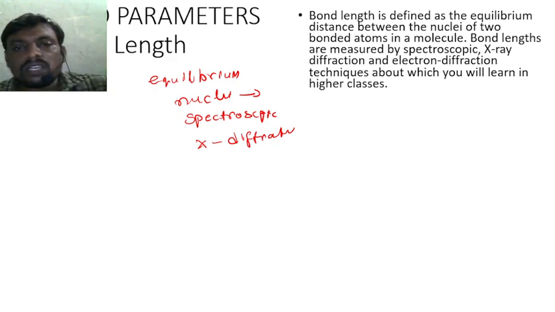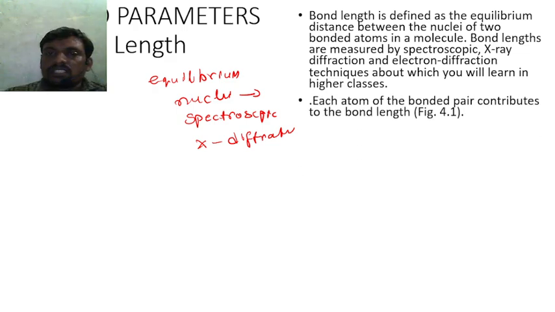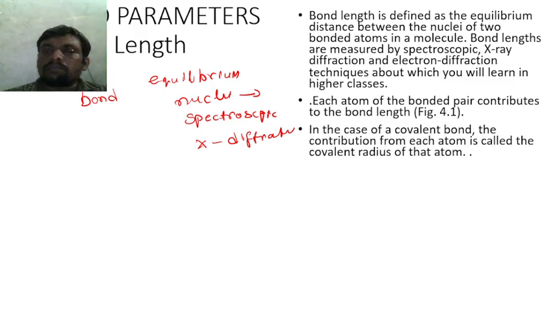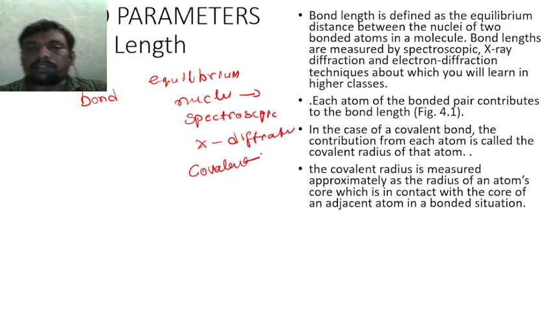These techniques you will learn in the higher classes. Each atom of the bonded pair contributes to the bond length. In the case of a covalent bond, the contribution from each atom is called the covalent radius of that atom.